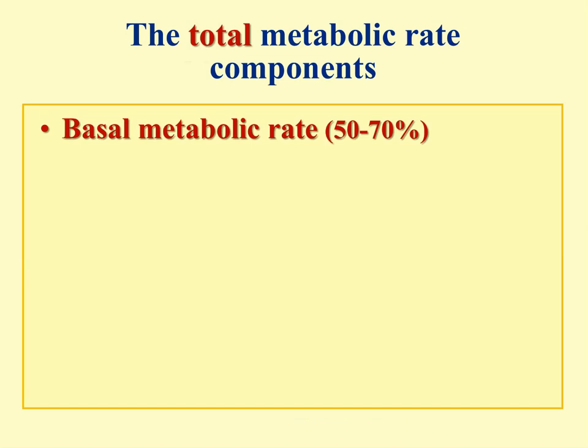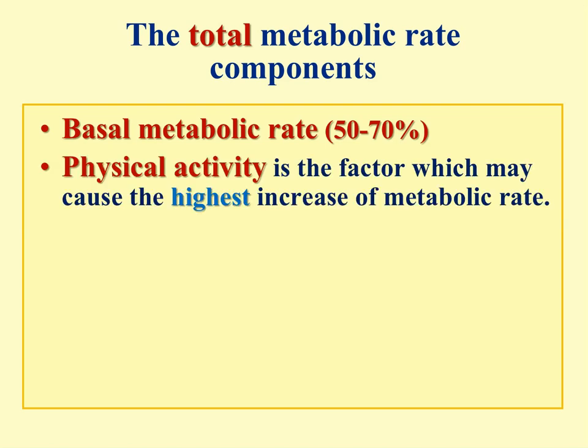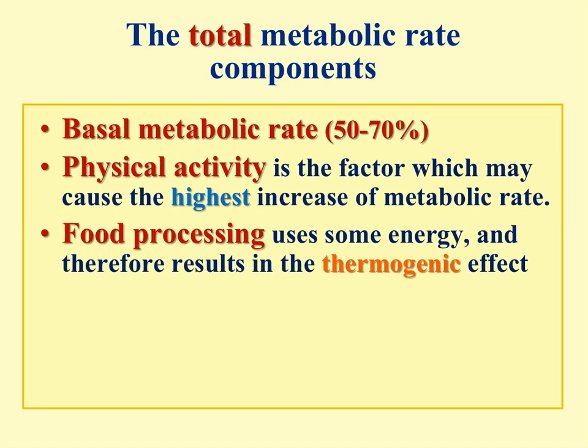The basal metabolic rate usually makes at least half of the total metabolic rate, and it can be higher in case of low physical activity. Physical activity can be increased so that it makes the highest increase of the metabolic rate. Food processing usually makes about 8 to 10%, but for a short time protein digestion can increase metabolic rate up to 30% of the basal metabolic rate temporarily.